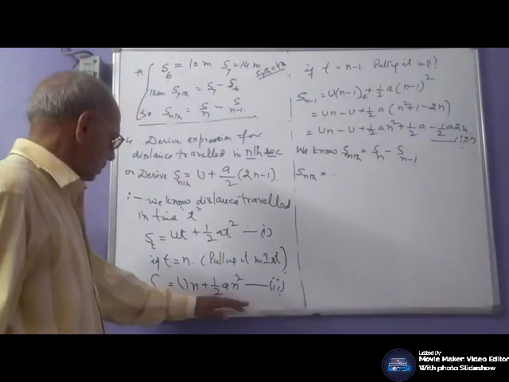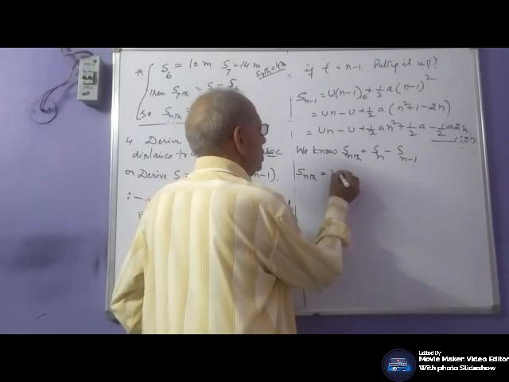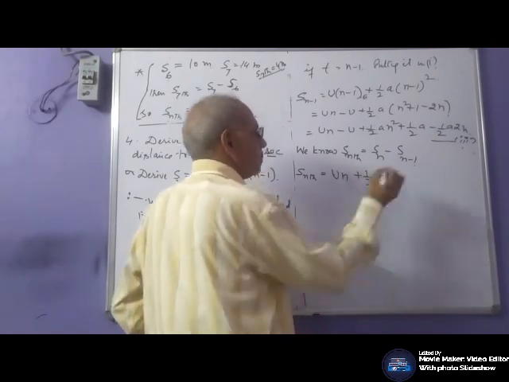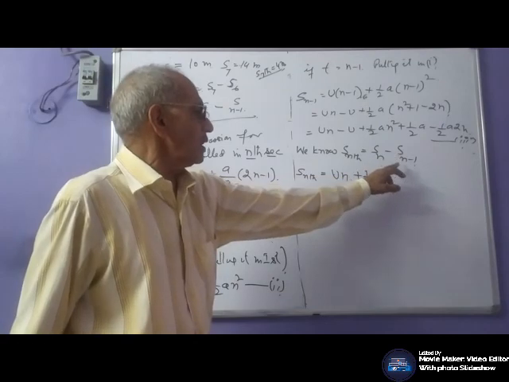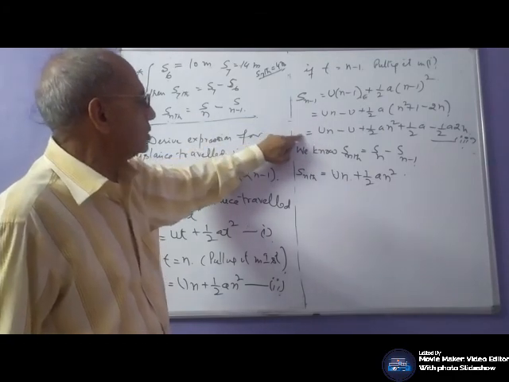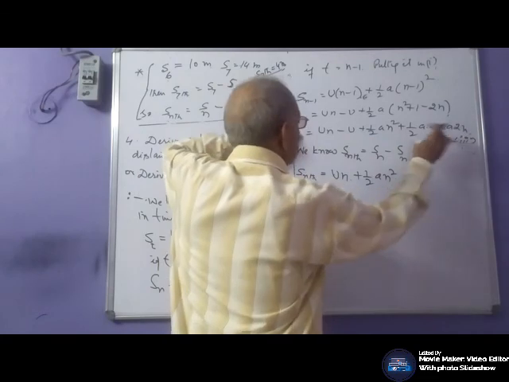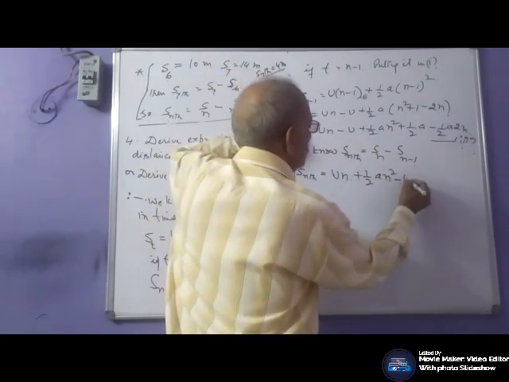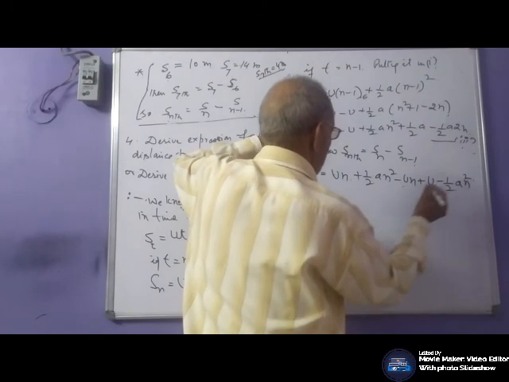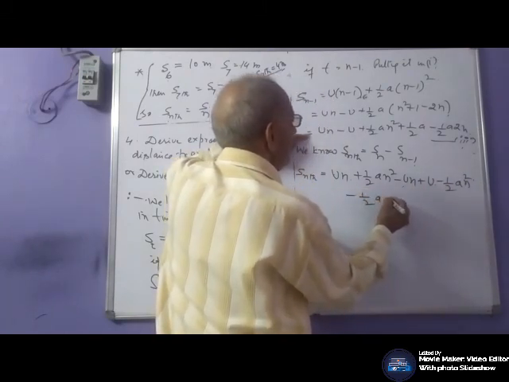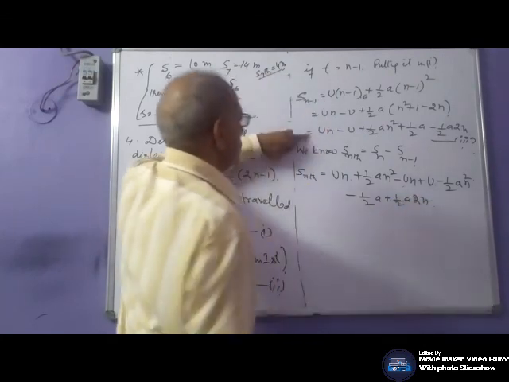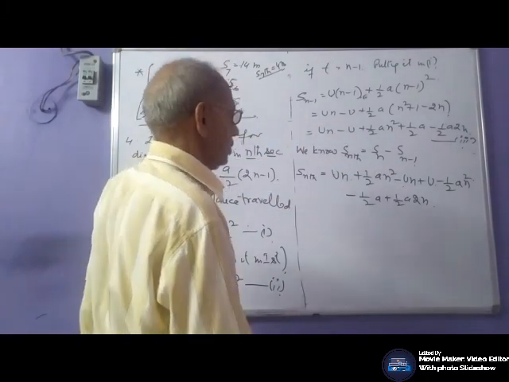Sn from second, in second there is Sn, un plus half an square, minus Sn minus 1, थर्ड में है ये, माइनस करना है, माइनस ये Sn माइनस 1 को माइनस करना है, तो सारे साइन चेंज कर दो, माइनस un प्लस u माइनस हाफ an स्क्वेयर माइनस हाफ a प्लस हाफ a 2n. ये माइनस करना था, सारे साइन चेंज कर दिए हमने.